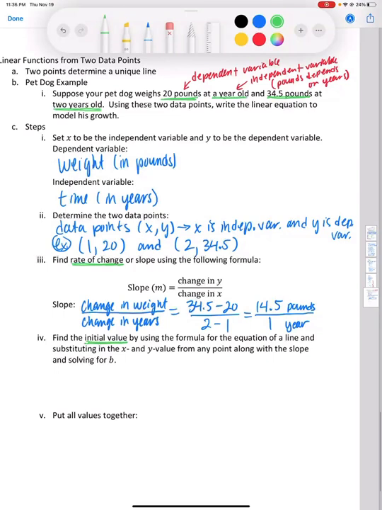It says that the dog weighs 20 pounds at a year old and 34.5 pounds at 2 years old. And we found the rate of change as 14.5 pounds in 1 year. So this is the first way that we're going to think about finding our initial value.